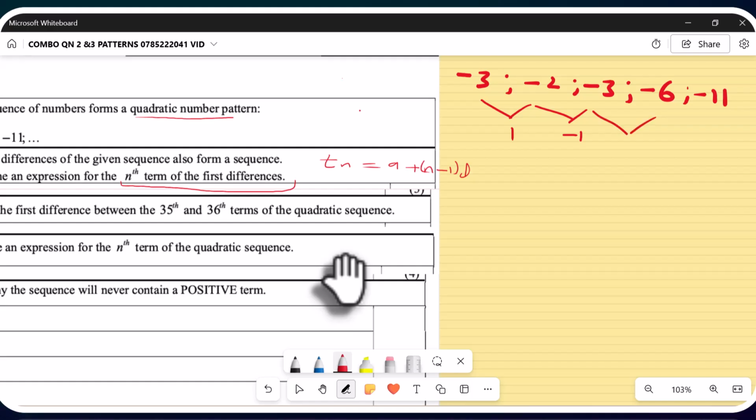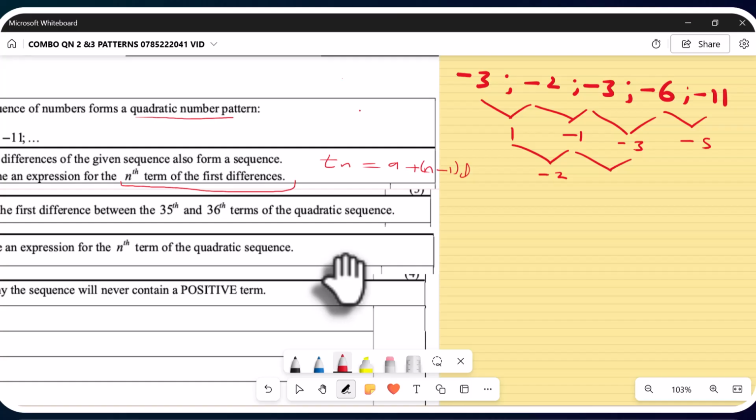So our small tn in this case is going to be given by tn equals the first term, this one here, that is 1, plus n minus 1 times the common difference, which in this case is the negative 2, this one here. So open brackets now.